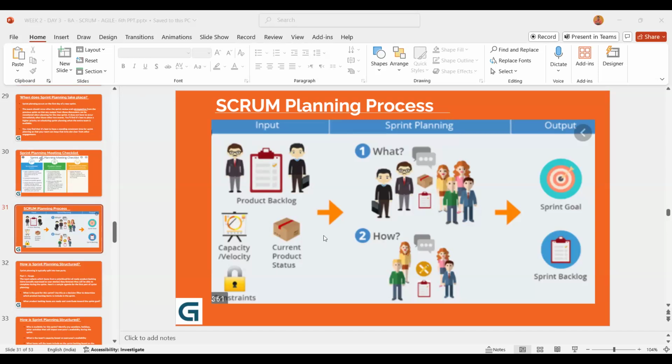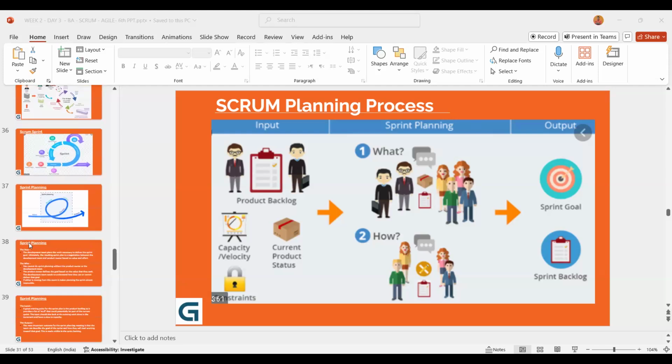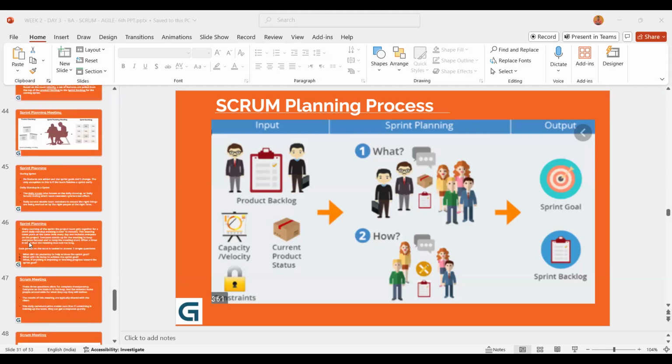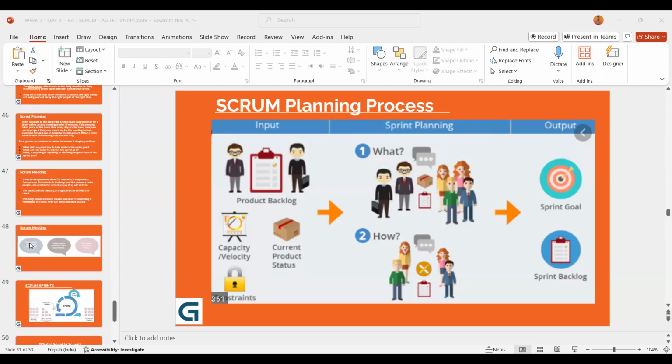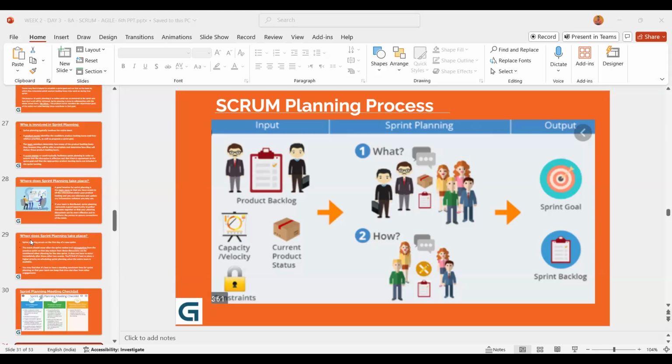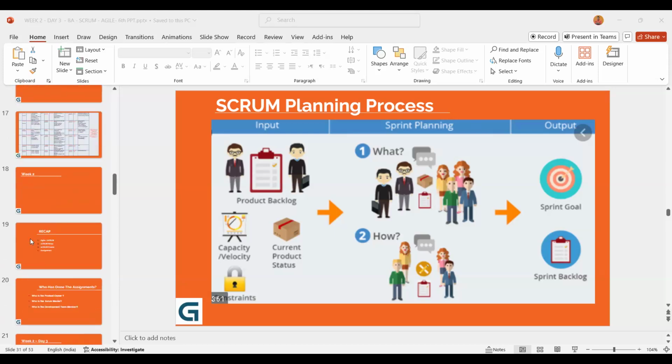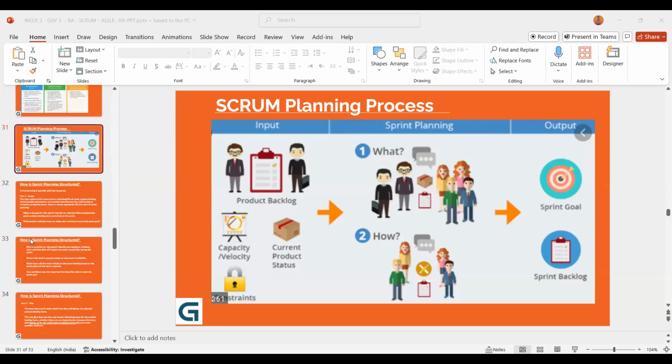Okay, so this user story, let me quickly tell you. When we define a user story, there are a few practices we need to follow. First of all, looking at the sprint backlog, or rather, not the sprint backlog, I would say the product backlog.